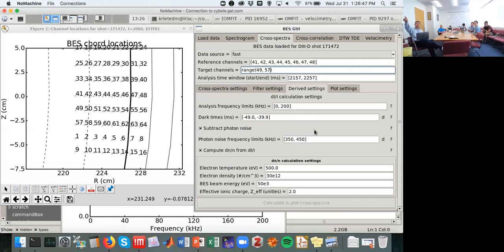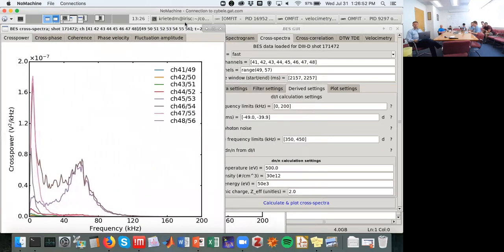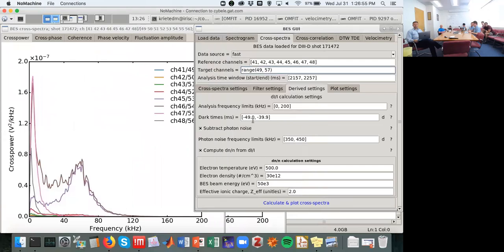So can you describe some of these other entries there, the dark times? Yeah, sure. The dark times, for example, is basically a time period in the discharge where there's no light incident on the BES detectors, and so it's used to calibrate the slow signals so that 0 signal equals 0 light. That's not actually so important for DIII-D, but for NSTX, based on the way that system is implemented, you usually have to change this parameter per shot just because of the way the BES system is started up on that machine.